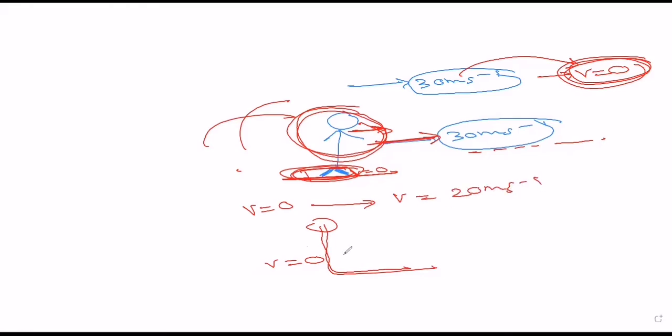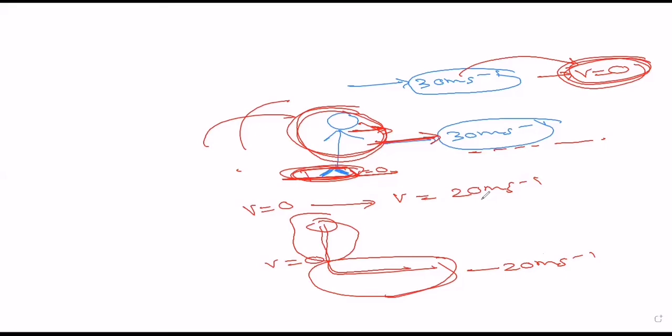He is sitting, so the lower part of the body will get that velocity of 20 meter per second. But if you take the upper part, children, it is still at rest. Little by little only it will take the velocity of the bus. So still it is at rest.